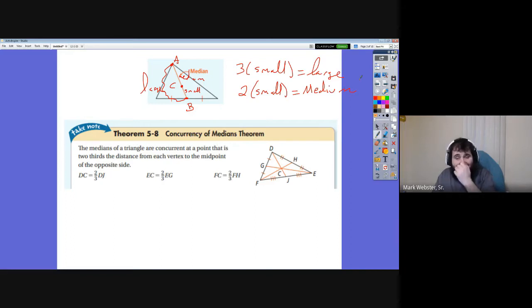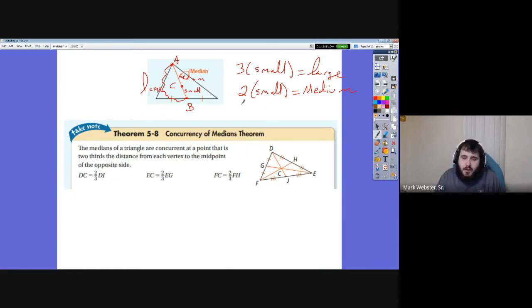And I'm going to tell you honestly, between these two, if you have the medium and you want the large, if you find the small and then you multiply that by 3, you can get the large.